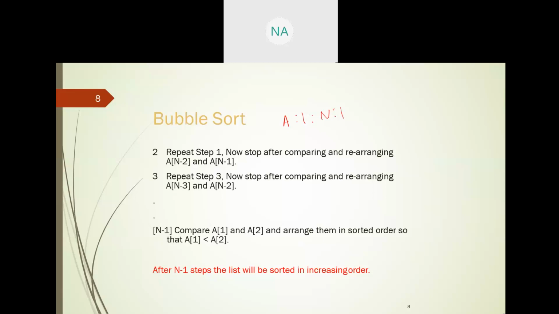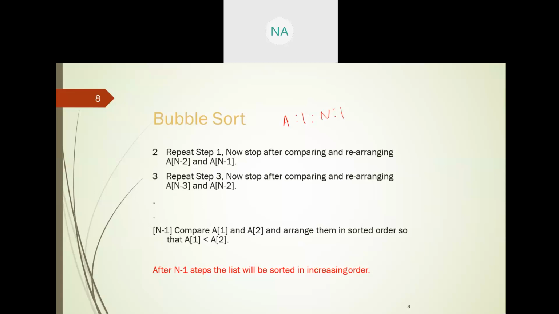After the second pass, you will also have the second largest element at index n minus 1. That is, after the second pass, the last two elements are at their proper positions, and the subarray from index 1 up to index n minus 2 is not sorted. So in the third pass, you will sort that subarray from index 1 to index n minus 2.